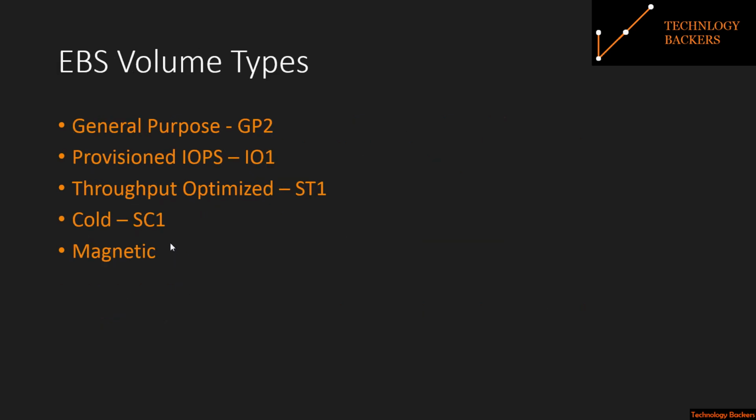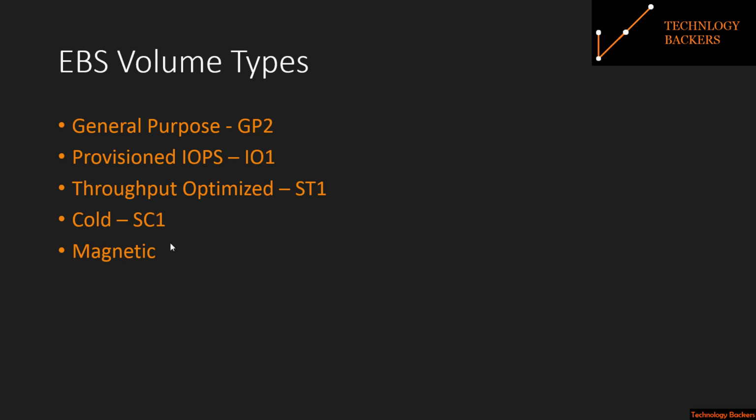There are five types of EBS: general purpose and provisioned IOPS, which are SSD volume types. GP2, that is general purpose, is used where IOPS required is less than 10,000, and provisioned IOPS is used where IOPS required is more than 10,000.